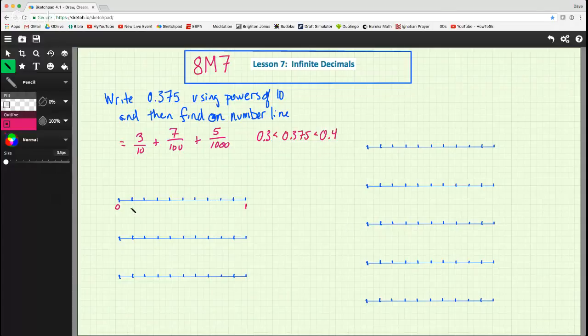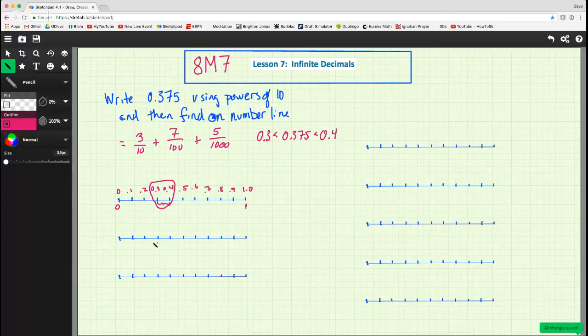So looking at 0.1, 0.2, 0.3, 0.4, 0.5, 0.6, 0.7, 0.8, 0.9, and then 1.0, and this is 0, we know that this number is between 0.3 and 0.4.